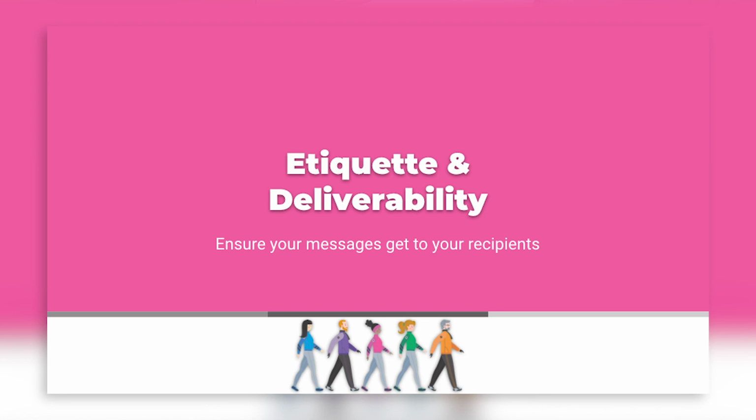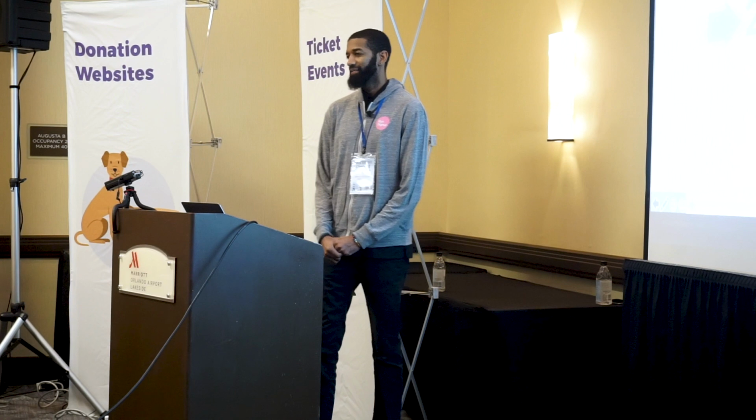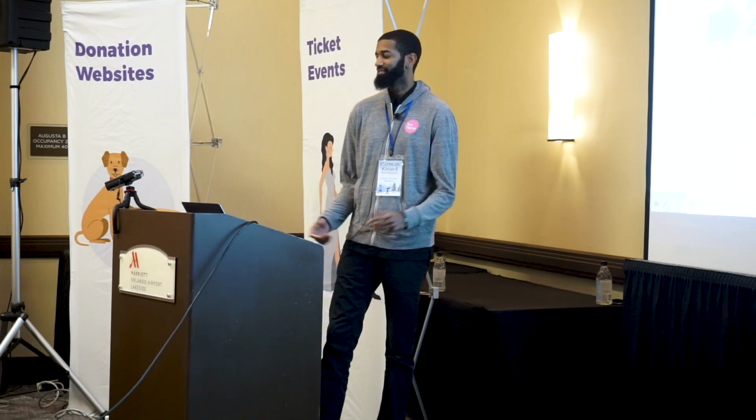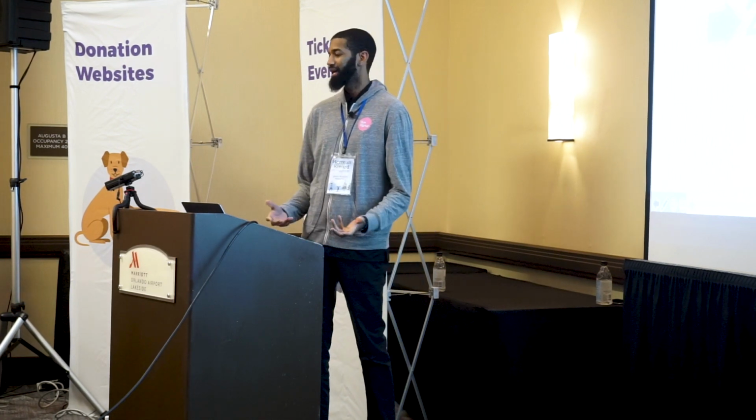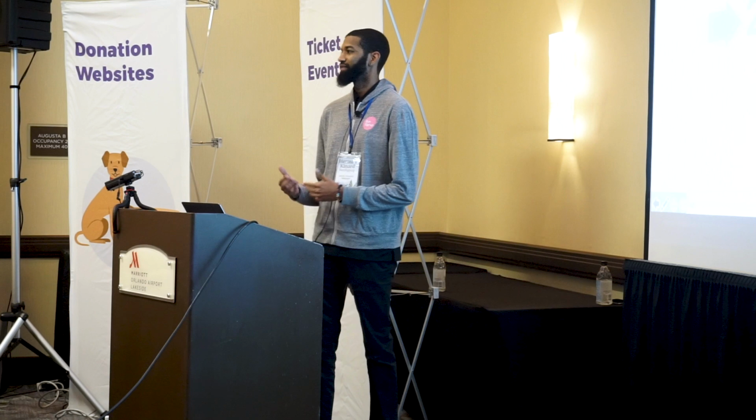So next thing we're going to cover is etiquette and deliverability. A lot of people wonder, are my emails actually getting to my participants? So 21% of emails globally don't make it to where they were sent to. Reasons for that may vary based on the inbox settings. So a lot of times participants register with company emails. Some companies, their IT programs filter out emails that look like they're being sent from an automated system.